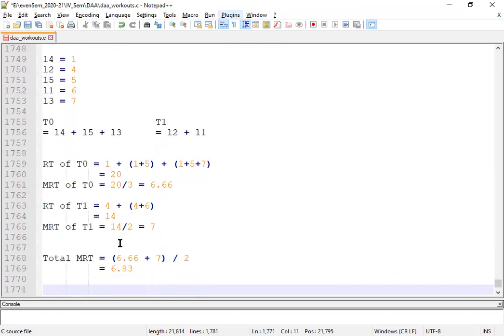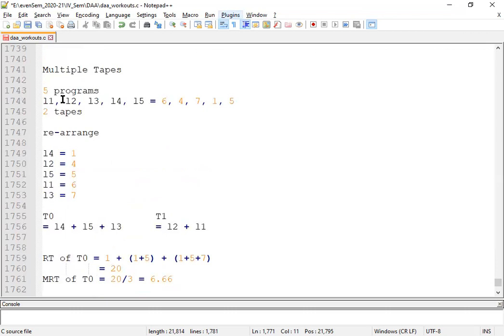So in this particular example, we looked into multiple tapes. It means we are given n number of programs associated with their own lengths, but we are also given multiple tapes. So when we are given multiple tapes, we need to store or place those programs on those particular tapes. How can we do that? First, rearrange them in ascending order according to their lengths.